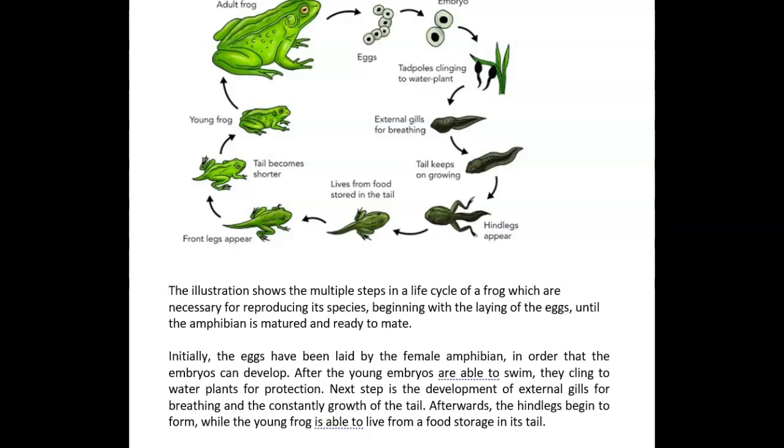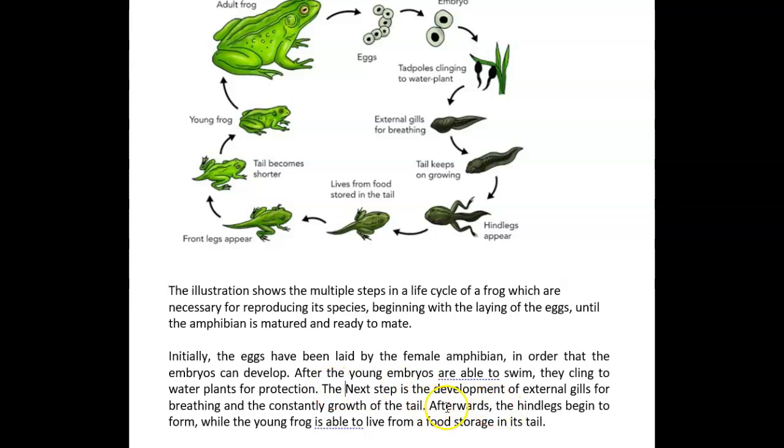Brilliant. Okay, process. Don't get too worried about process diagrams and maps. They are not common. I haven't seen one for a while. That means you probably will get one. What I'm looking for here is the fact that you can describe the stages. So here, initially, after this, the next step, things like that.